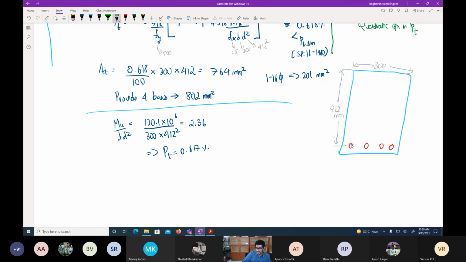This is 300, and you just say 4 numbers of 16, and always write the grade inside. As of now, we are looking only at the cross section detailing. Longitudinal section detailing, I'll show it to you later.